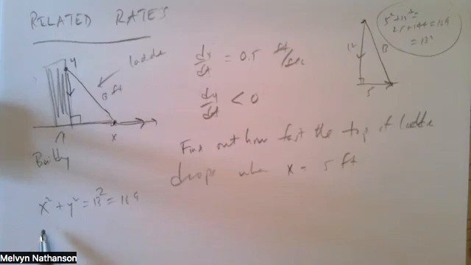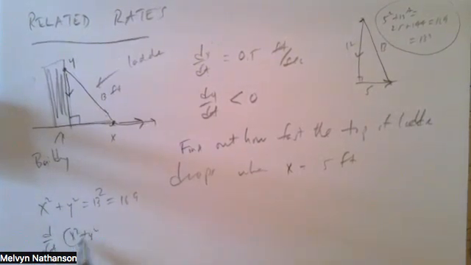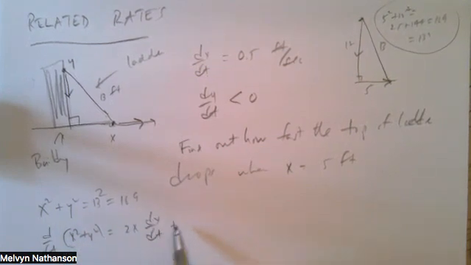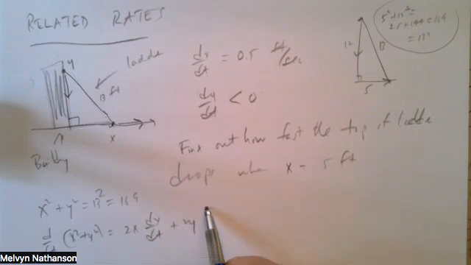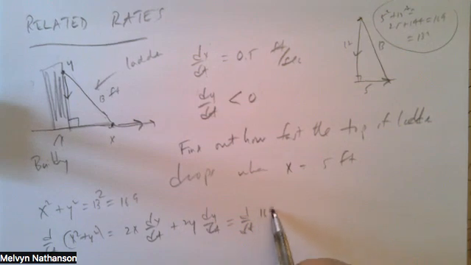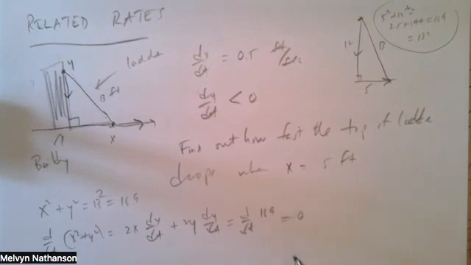By implicit differentiation, if we differentiate with respect to t, the derivative with respect to t of x squared plus y squared is equal to the derivative of x squared with respect to x, 2x times dx/dt, plus the derivative of y squared with respect to y, 2y dy/dt, and that's equal to the derivative of this constant function, and the derivative of a constant is 0.